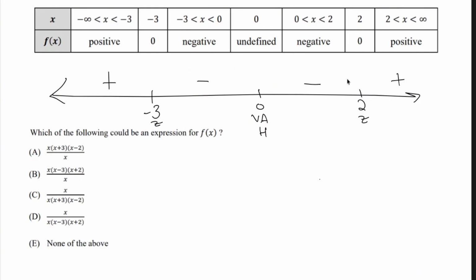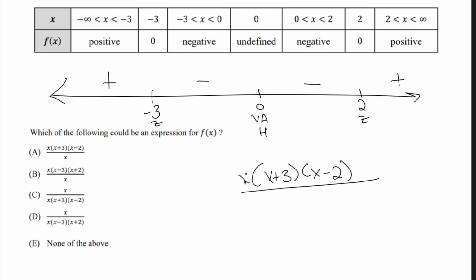So what this tells me is that, first things first, if we're going to have two zeros at -3 and 2, that means this must happen up here. If x minus 3 is a 0, that must mean that x plus 3 is a factor. And if regular 2 is a 0, that means x minus 2 must also be a factor up there.